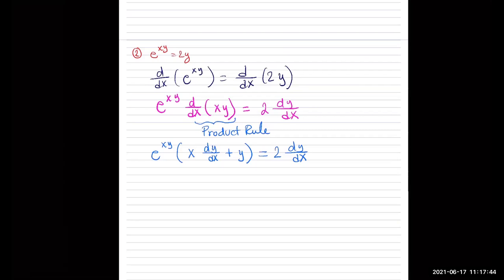And the dy/dx on the left-hand side is inside those parentheses. So just like the last problem, we need to distribute to get rid of those parentheses. So I'm going to multiply the e to the xy through the parentheses. So I have to multiply every term times e to the xy.